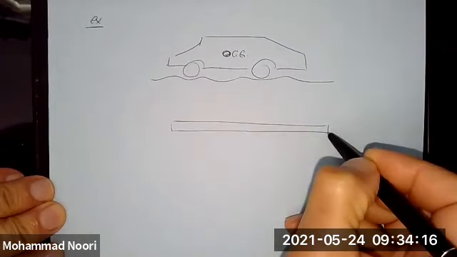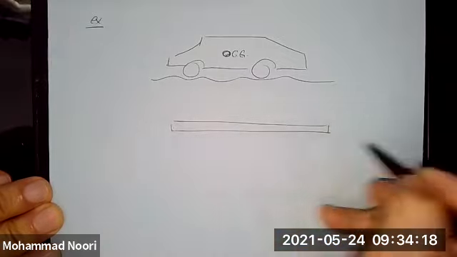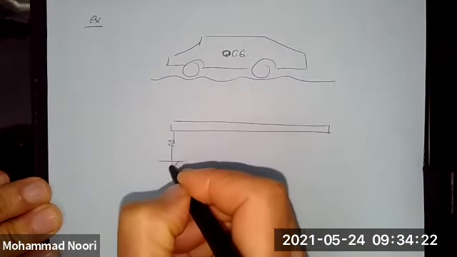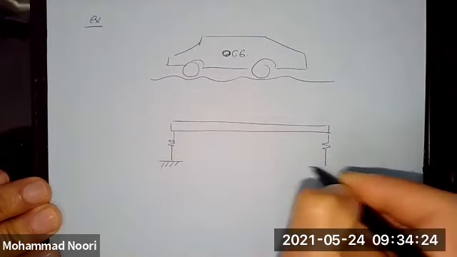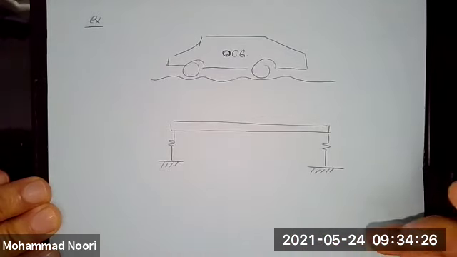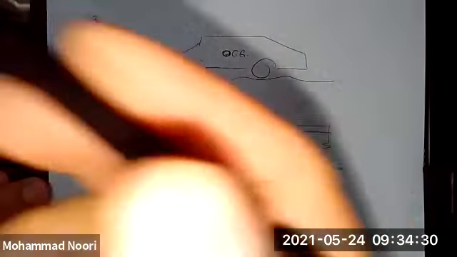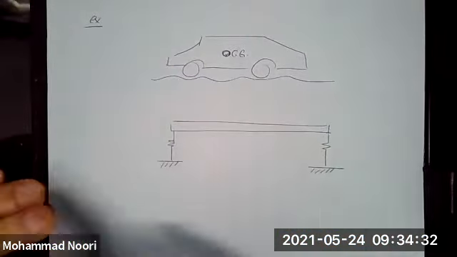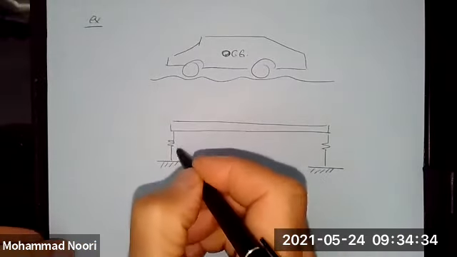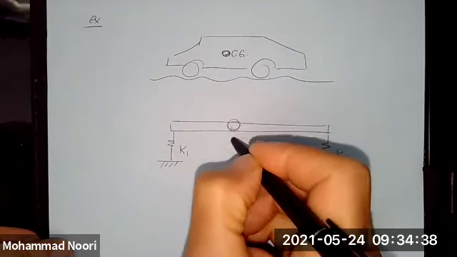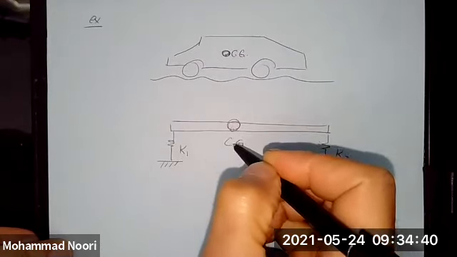We consider a rigid body, rigid beam, supported by two stiffness elements, which represent the tires, the shock absorber, all those. Let me call this K1, K2. So this is the center of gravity.